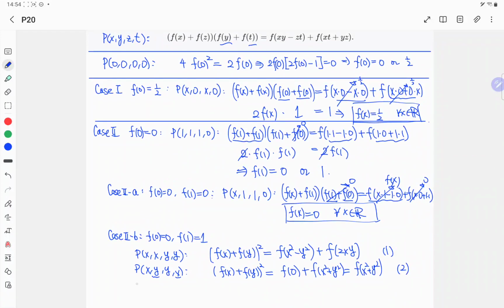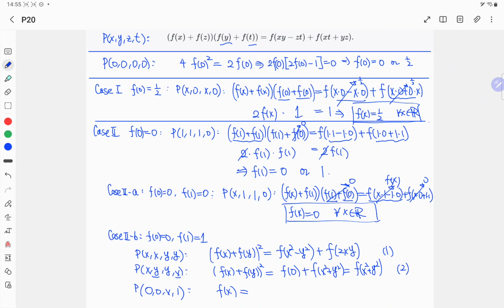So let's call this equation 2. And then we also try to pick P(0, 0, x, 1). Okay, so here x is 0, z is x. So we have f(x), and then f(y) plus f(t). Y is 0, t is 1, so which is f(1). F(1) is 1, so 1 times f(x) is f(x) on the left side.